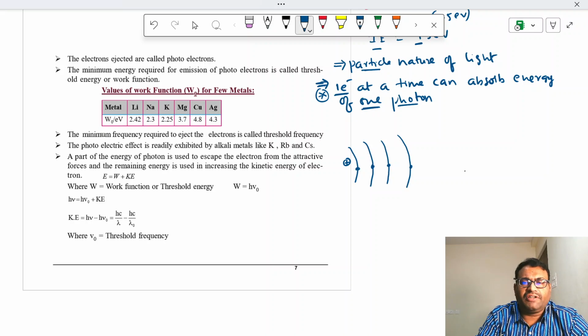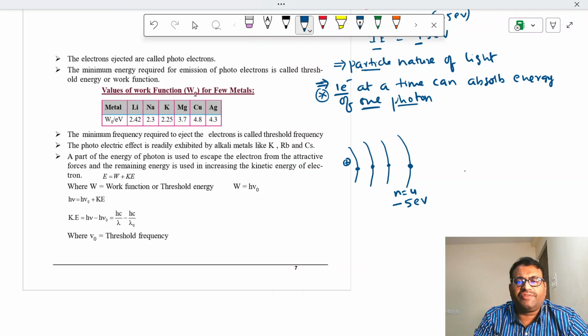For example, this electron in the fourth energy level, n is equal to 4, is having minus 5 electron volt energy. Now we have just discussed that if it is having minus 5 electron volt energy, how much energy is required to make this electron move to infinite distance?